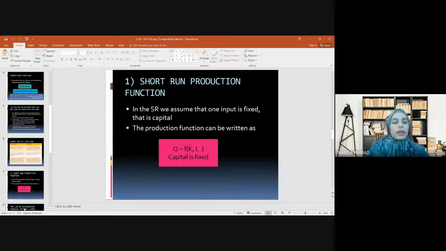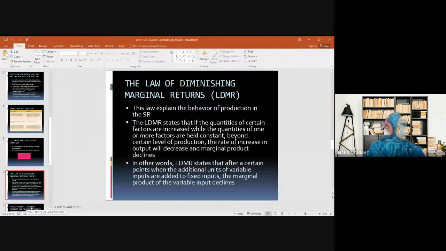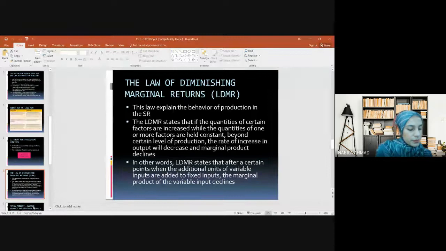Okay, right. So in the short run, we have a law yang kita panggil law of diminishing marginal returns. So this law explains the behavior of production in the short run, right? Alright.